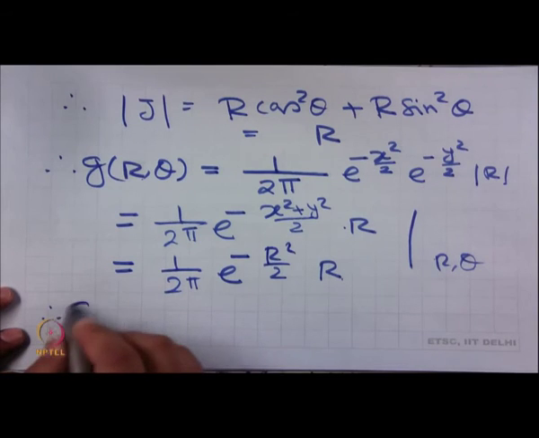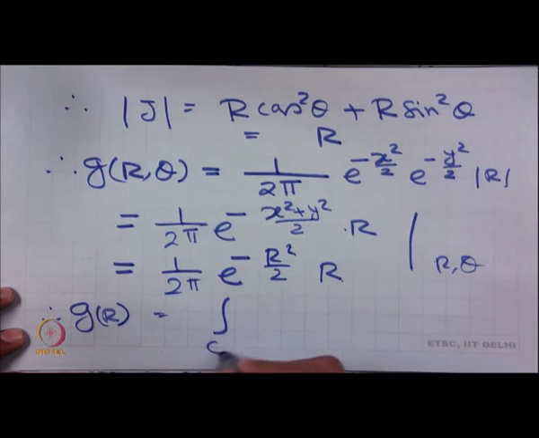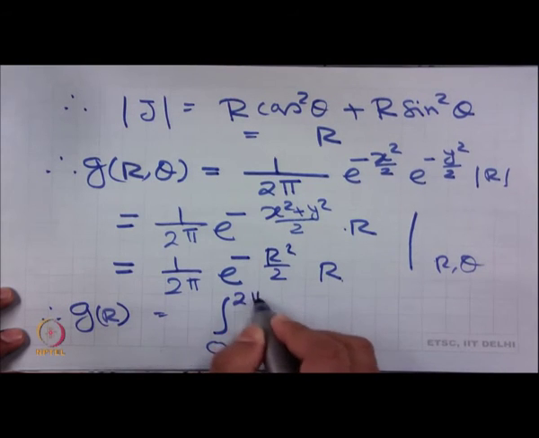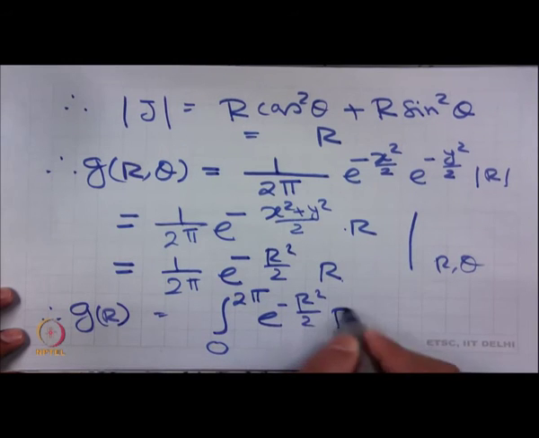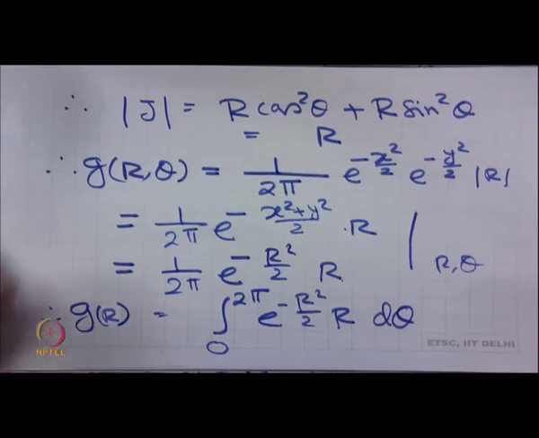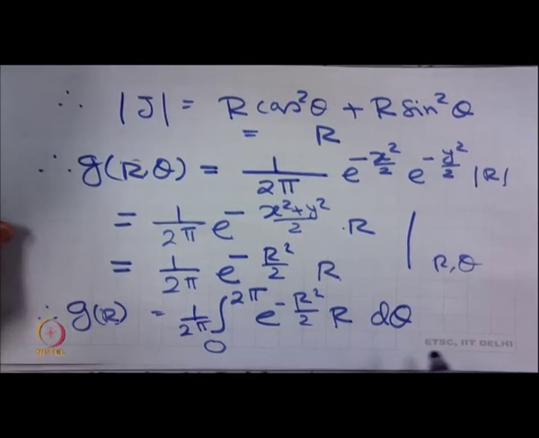Therefore, g of r is equal to, now I have to integrate out theta from 0 to 2 pi, e to the power minus r square by 2 into r into d theta, and therefore this 2 pi is being cancelled.